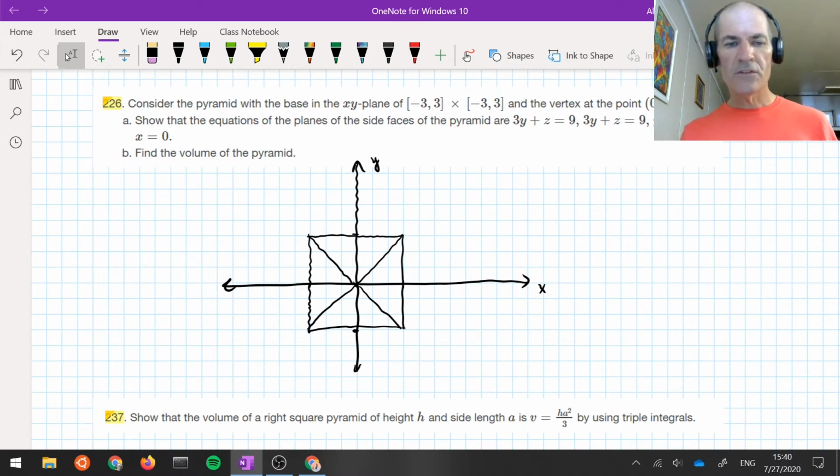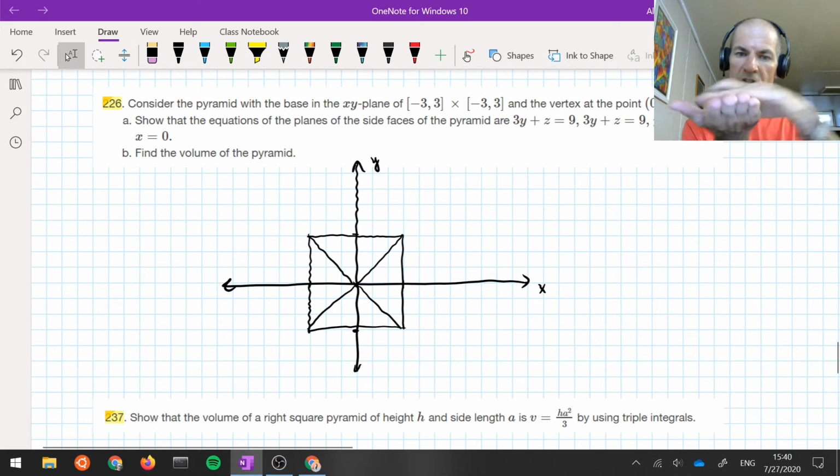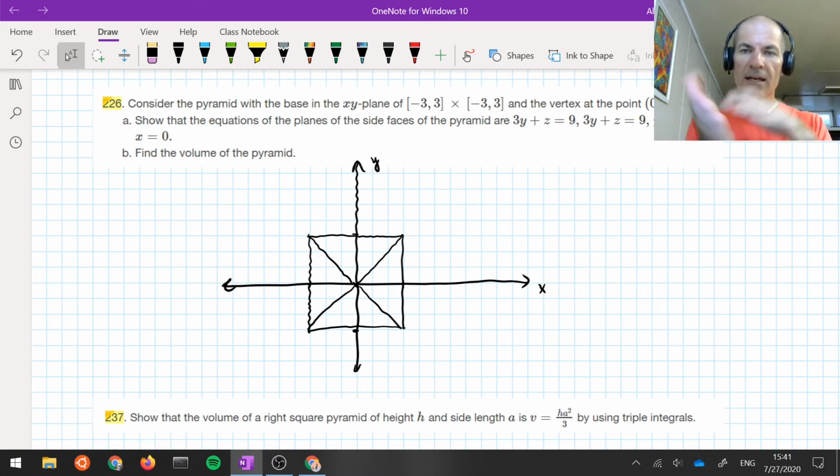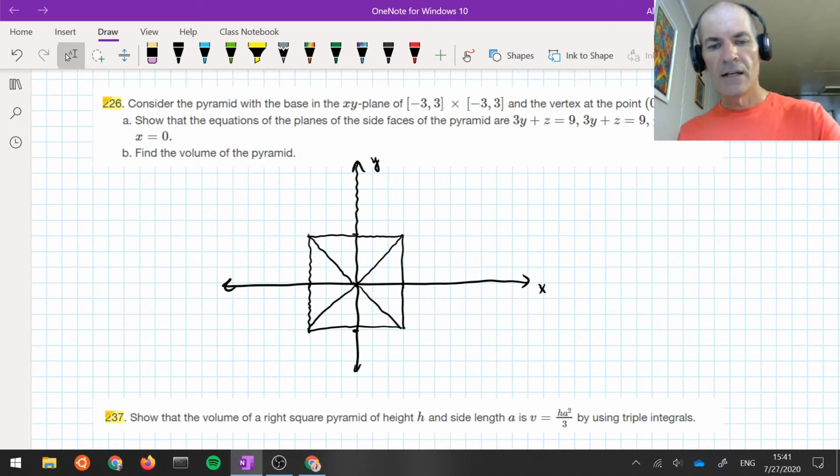The four faces that we're interested in, or the side faces, are the slanted faces. So there's the bottom face, which is the square sitting on the XY plane, and then the four slanted faces that come together at the peak at the top. Let's look at just one of these.